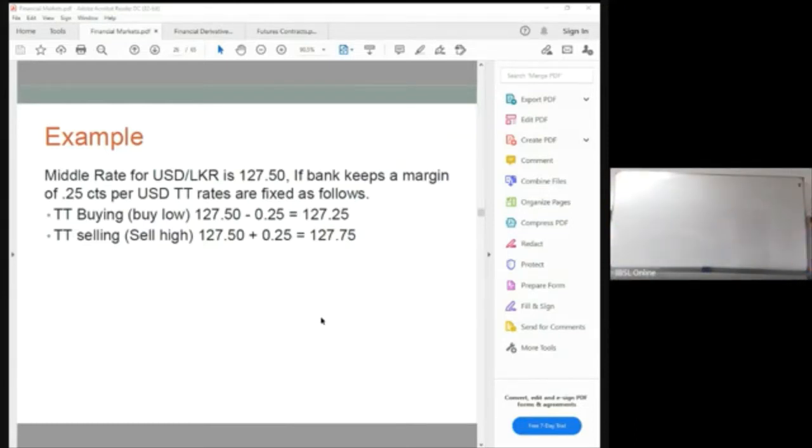If the bank keeps a margin of 25 cents per dollar, TT rates are fixed as follows.